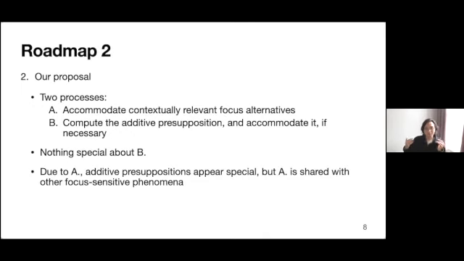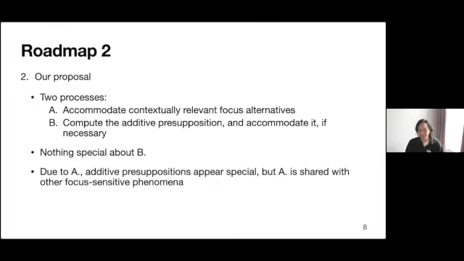First, you have to identify contextually relevant focus alternatives, because remember, additive particles are focus sensitive. And it's not actually overtly indicated what the relevant alternatives are in a given context or in a given utterance containing an additive particle. So you have to accommodate these relevant focus alternatives. Then you use them to compute your additive presupposition.